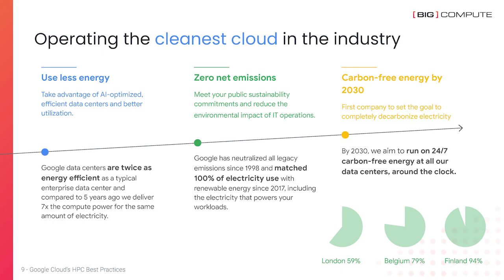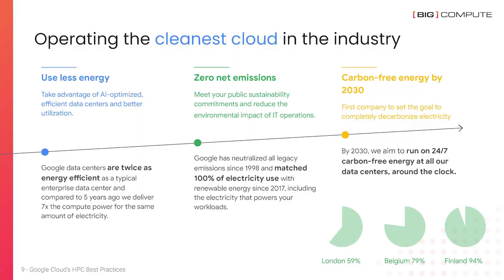And we work with those same providers, renewables providers, to make bulk purchases of renewable energy. We are the largest annual corporate purchaser of renewable energy. Because of these initiatives, since 2017, Google has matched 100% of its energy usage with renewables, which means that compute, data, and machine learning workloads in GCP have 0 net emissions. In accounting terms, that means our Scope 3 emissions are 0.